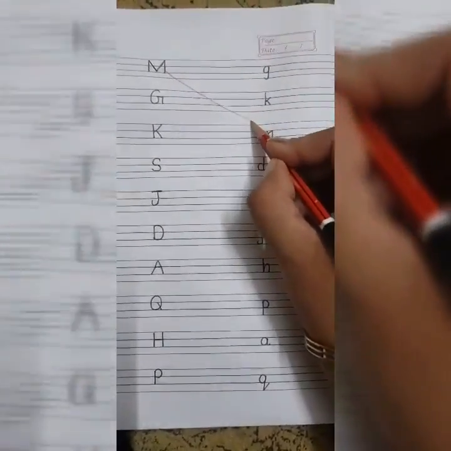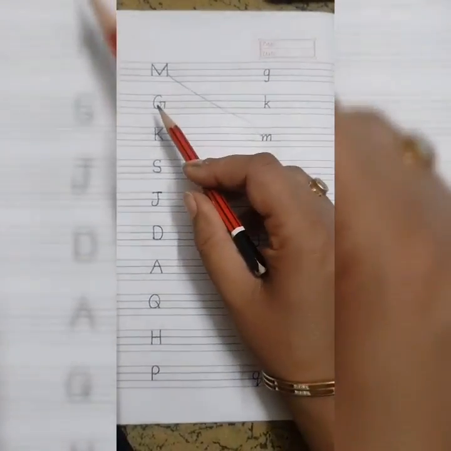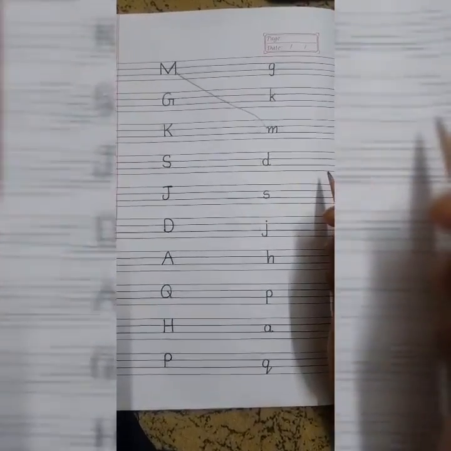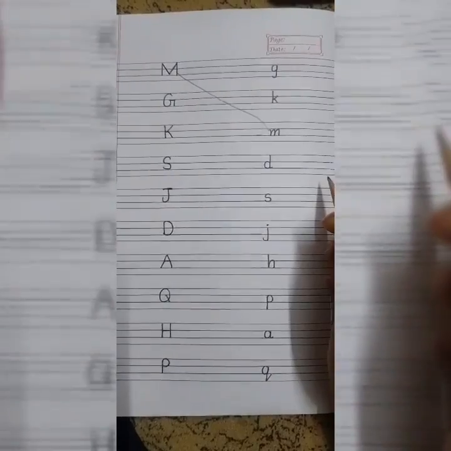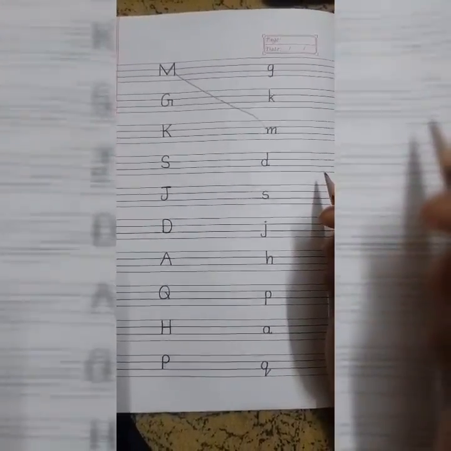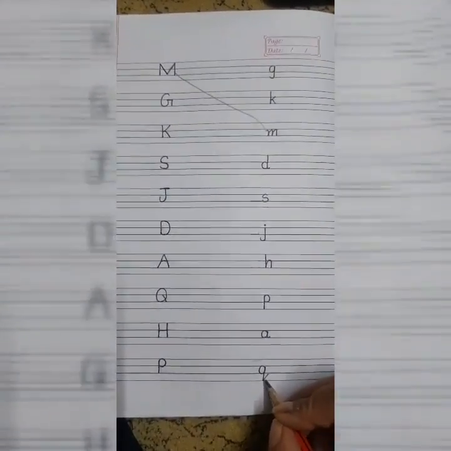So, we will match letter M with lowercase letter m. So our next letter is letter G, capital letter G. So what we will do? We will match capital letter G with small case letter G. So where is the small case letter G?